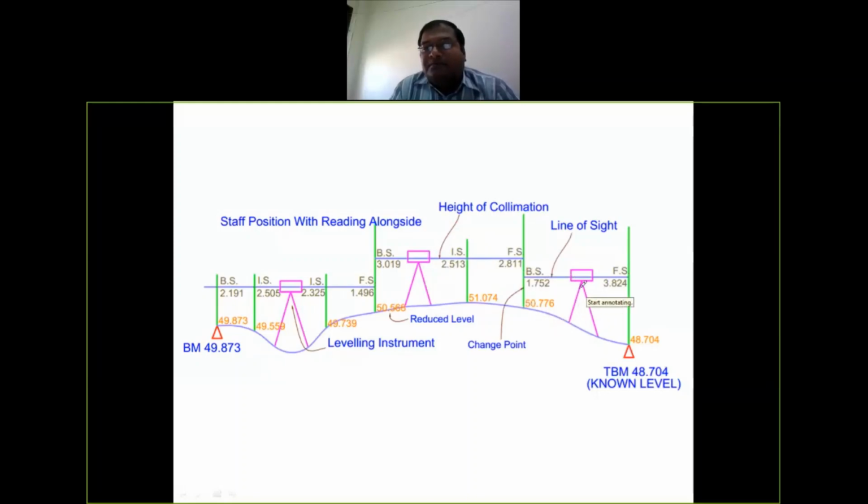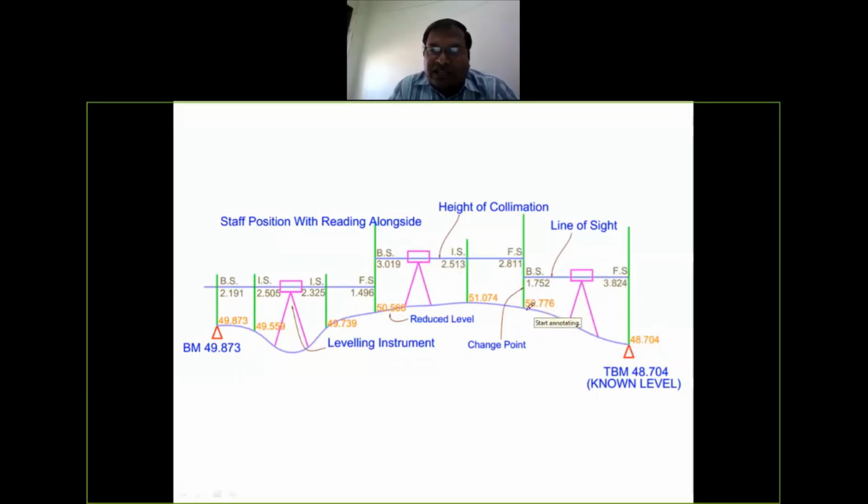Same way, if you want to find the RL of this particular point, first of all you have to calculate the height of the instrument, because you again shifted your instrument position from here to here.